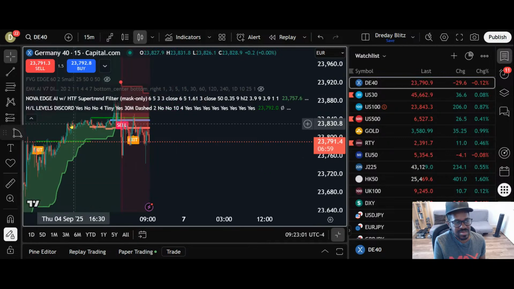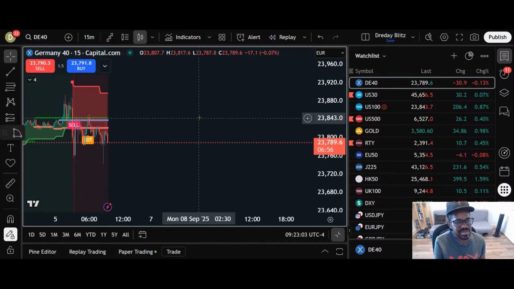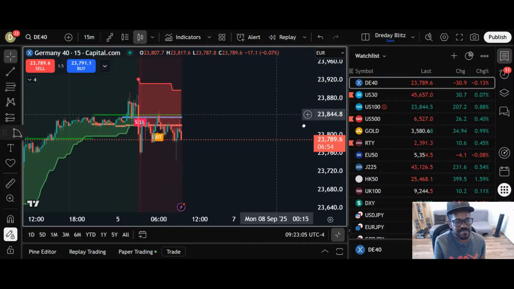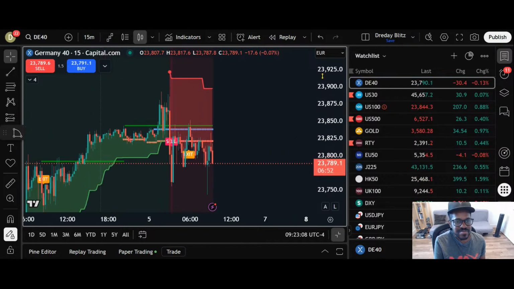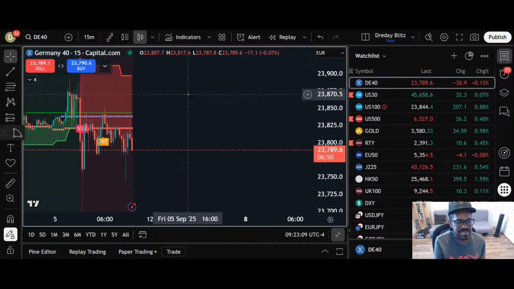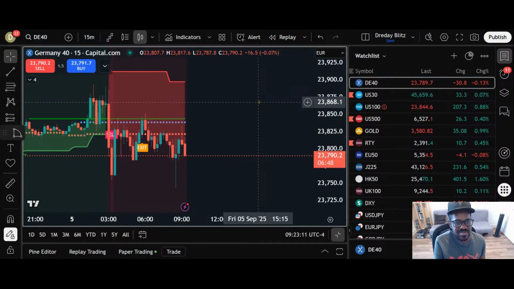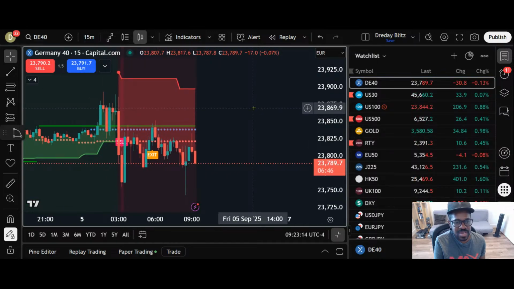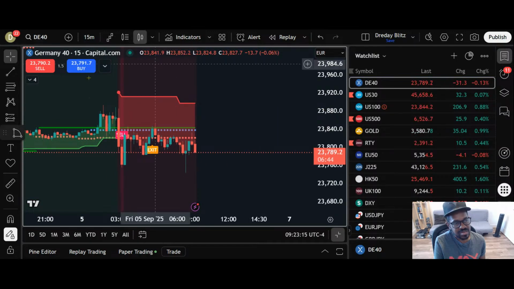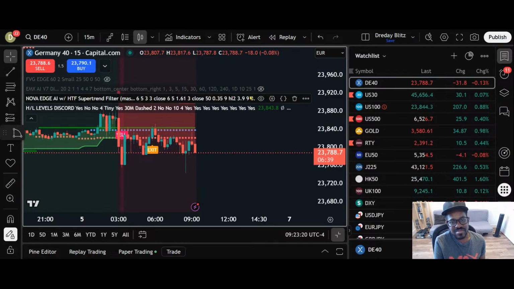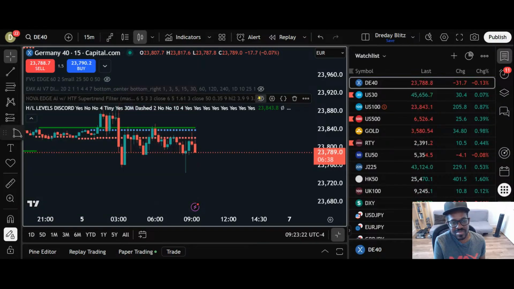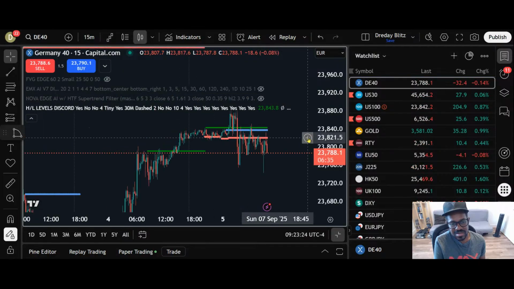Trend here. So currently the trend is bearish right now, so yes, looking for a sell. The trend is bearish.